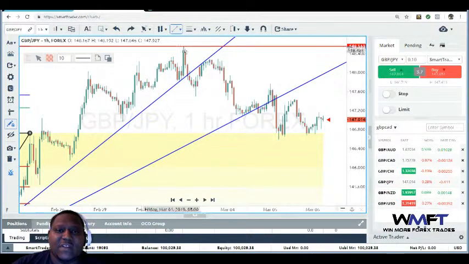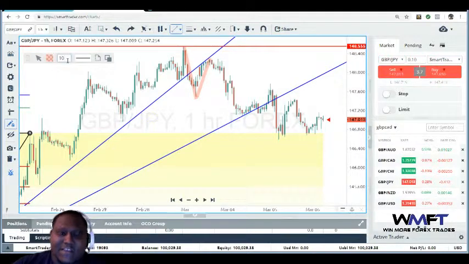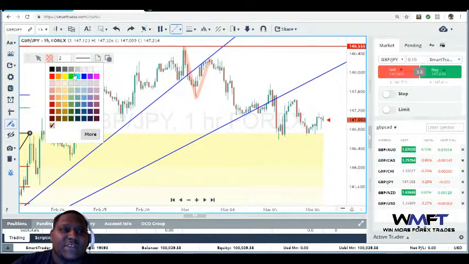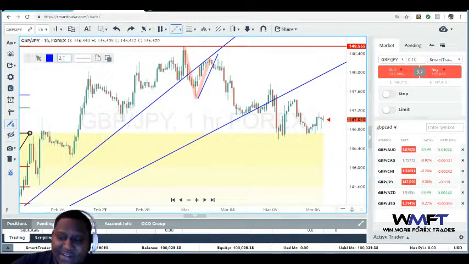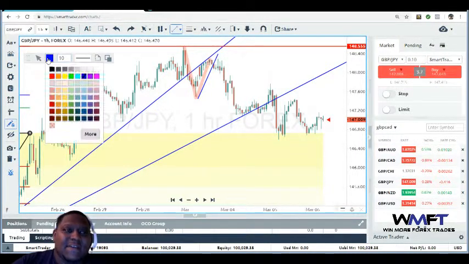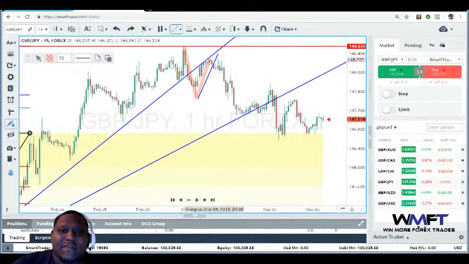I'll bring in this trend line, and you can see where the market hit the 1618 D extension, broke the trend line, came back up to test the back side of the trend line, and right there, is that not what we look for as far as my trading style? Is that not what we look for right there, ladies and gentlemen? Right here live, right before I go to work. Bam.